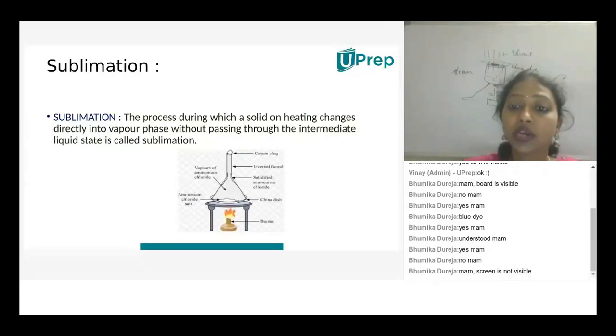Sublimation can separate two completely mixed salts, provided one of the two salts is sublimable. Only then can we separate them by sublimation.